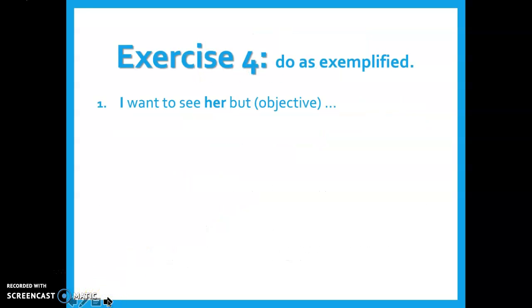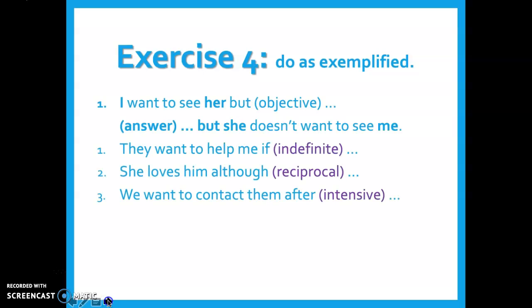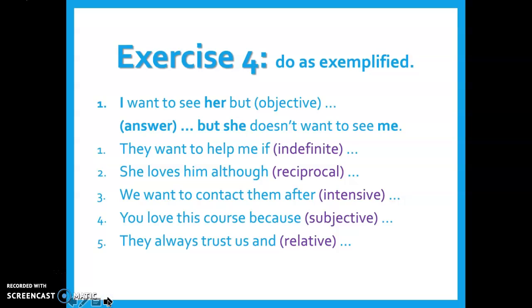Exercise 4, I'd like you to complete the sentences using the specified type of pronoun. Like, I want to see her, but an objective pronoun is needed, and so a possible answer is I want to see her, but she doesn't want to see me. So we have an objective pronoun here.